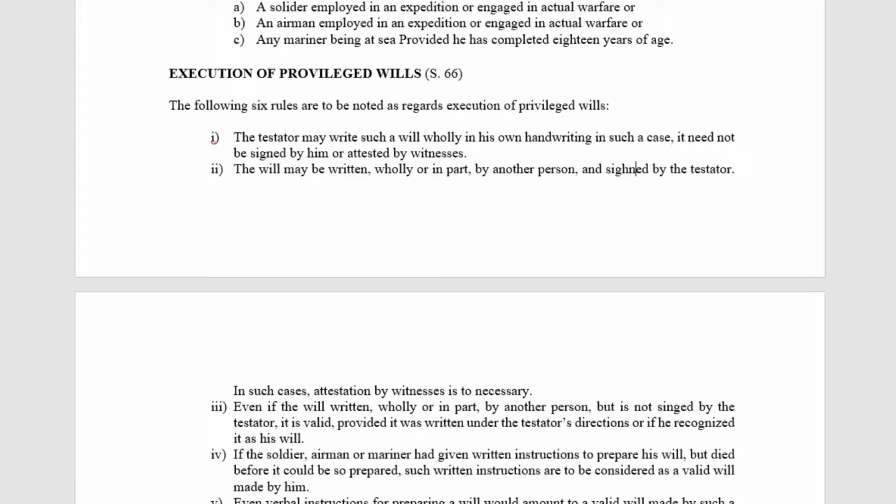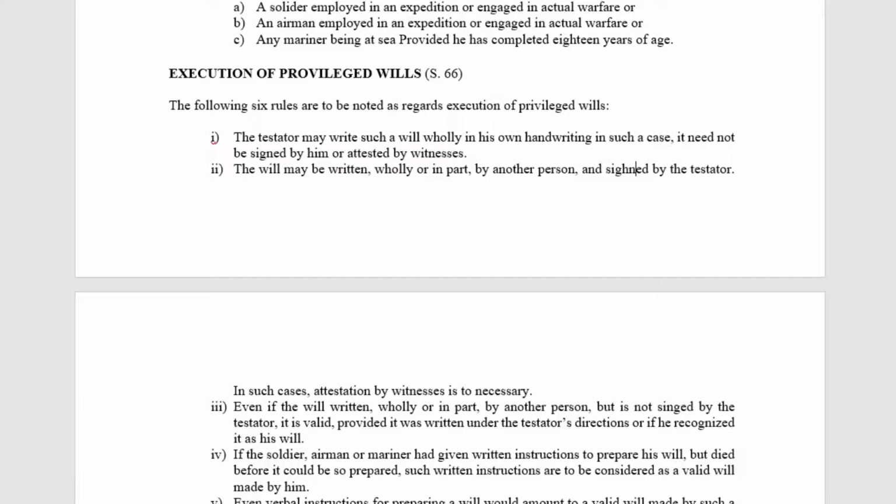The next aspect is if the soldier, airman or mariner had given written instructions to prepare his will, but died before it could be prepared. As you know, how the wars go on, how the exigency will be there, how the person is going to suffer from the wounds caused during the warfare.